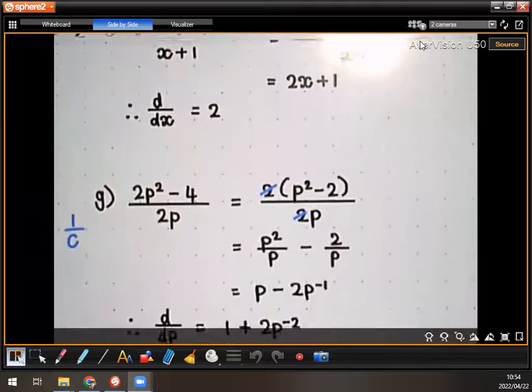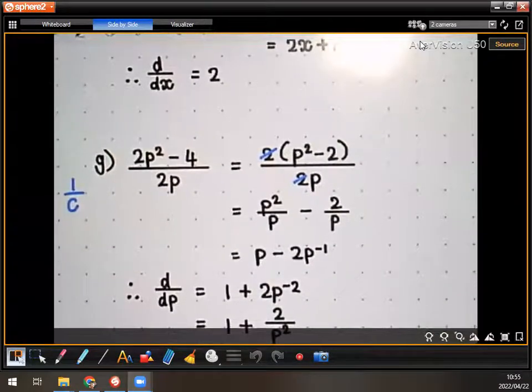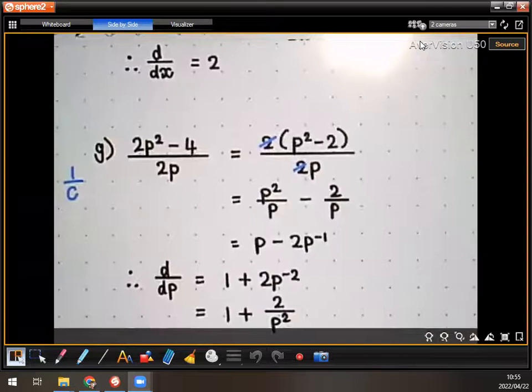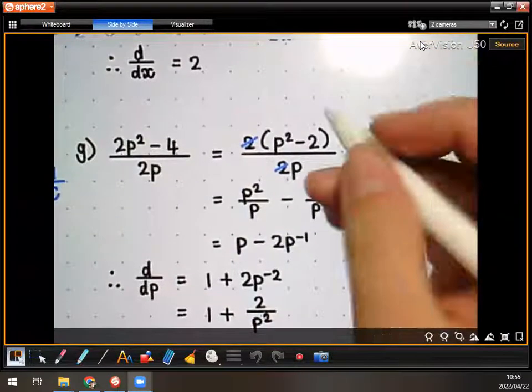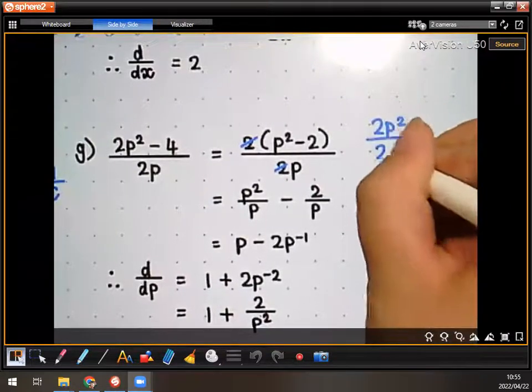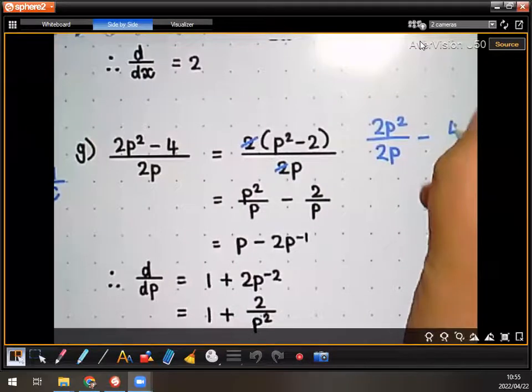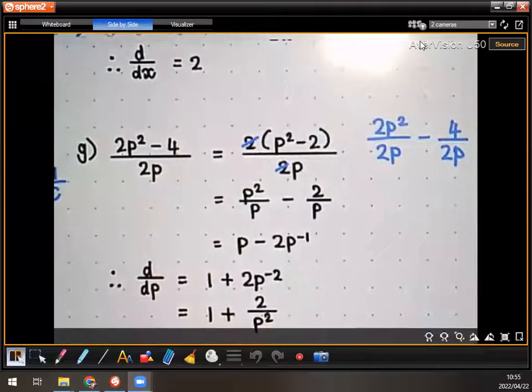Okay, now for the next one, I took out 2 as a common factor there at the top. I suppose you could have just split the fraction up at the top. That probably would have made it a little bit faster if you just did your 2p squared over 2p minus 4 over 2p. That's also perfectly fine. You can do that because there's one term in the denominator.